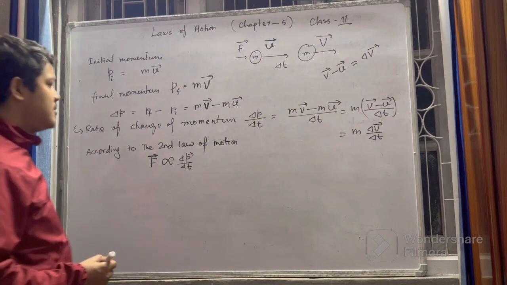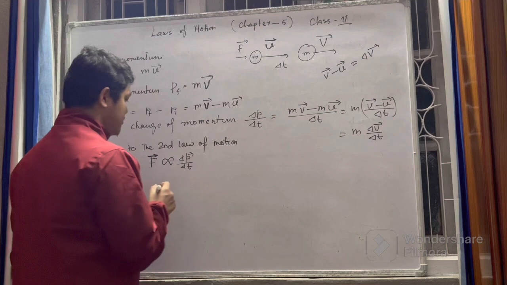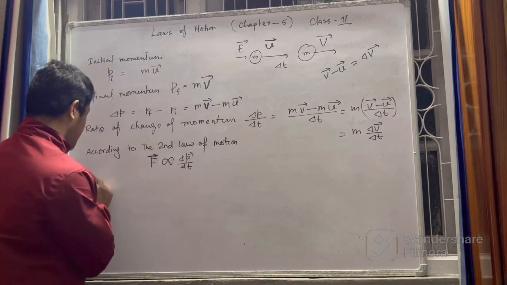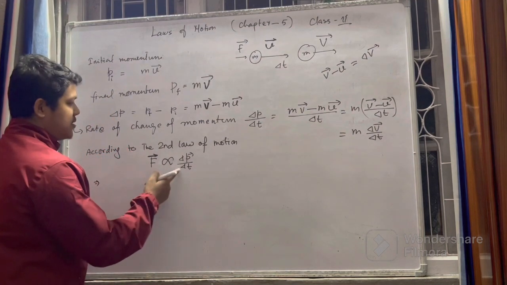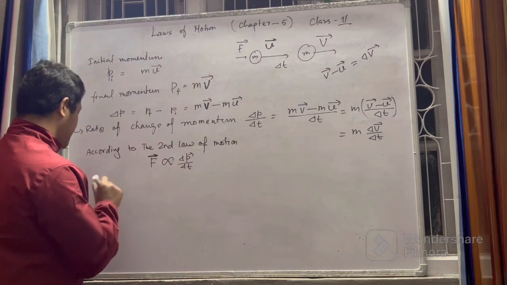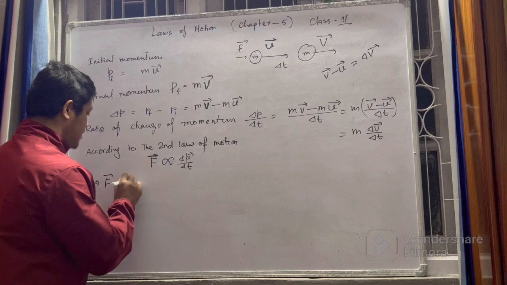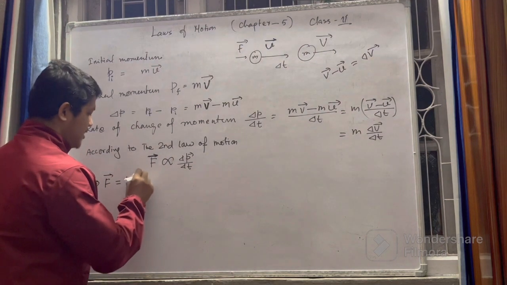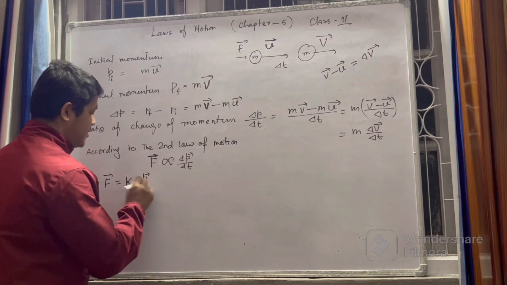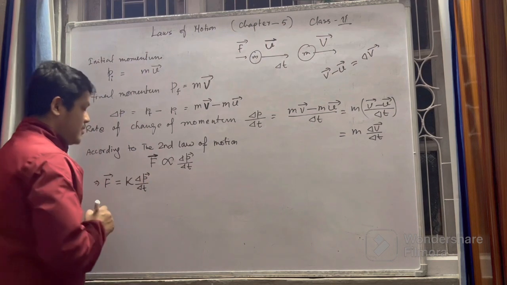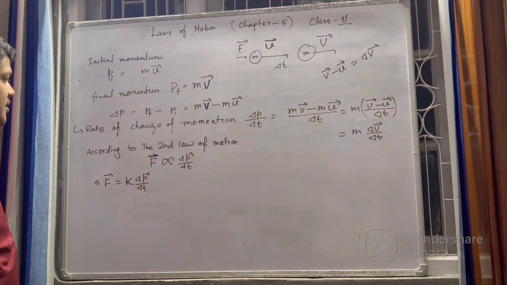Now you see, this is proportional. That's why, in order to equalize, we need a constant. Let it be, suppose, k, times del p by del t, right?